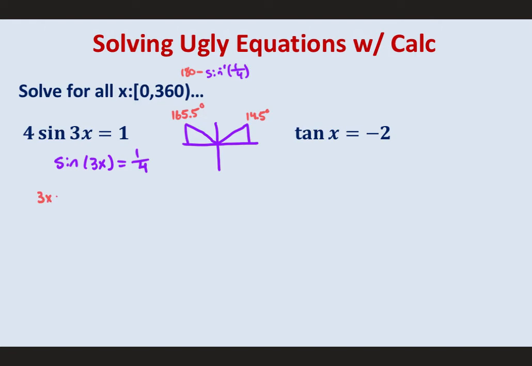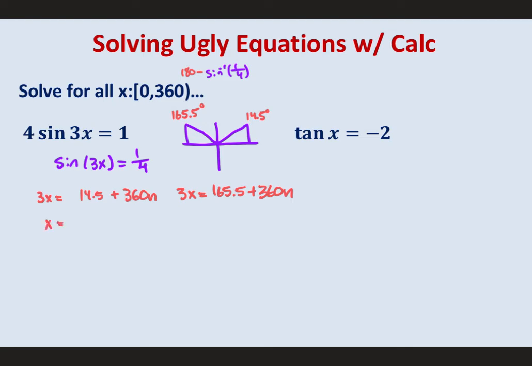I'll go 3x equals 14.5 plus 360n, and I'll say 3x equals 165.5 plus 360n. So I'll divide everything by 3 there. So 14.5 divided by 3 is about 4.8.